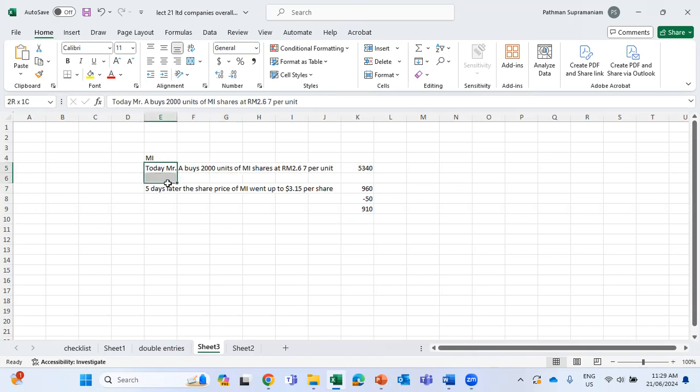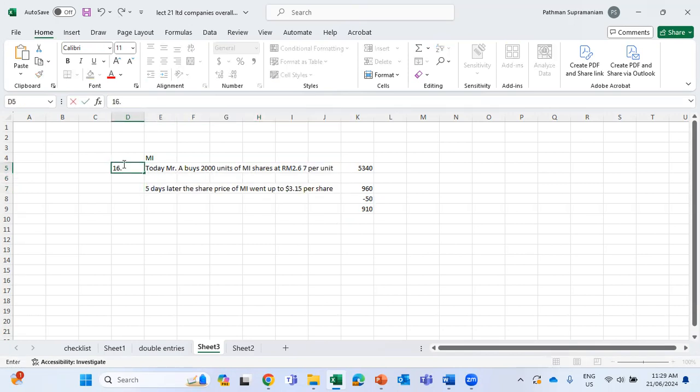But he sold after 5 days. Let's say the date that this happened was 14 June. 5 days after 14 June is 19 June. So let's say we fast forward to the future.